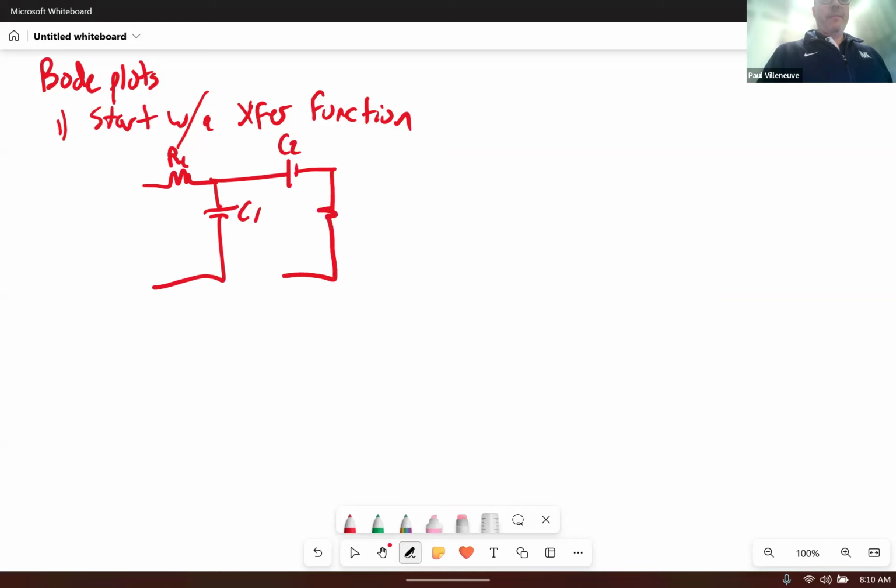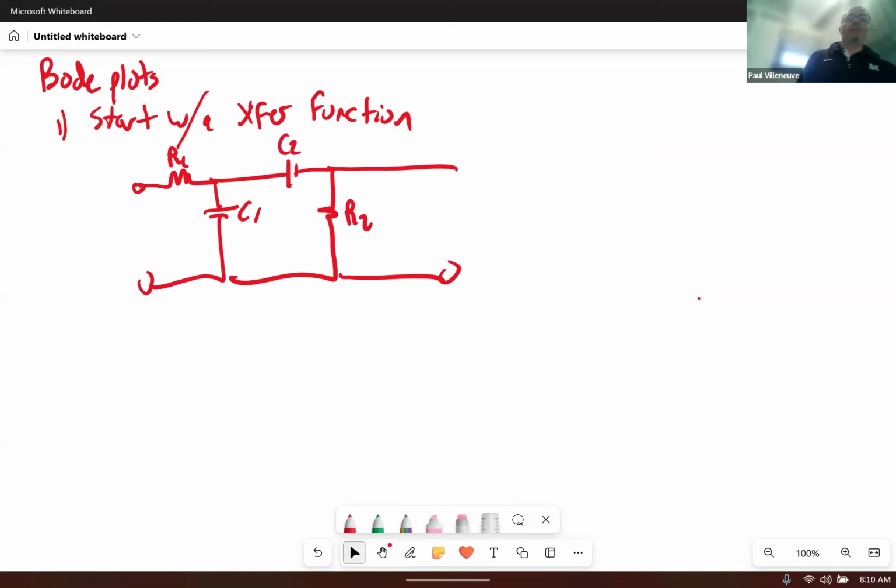I actually was going to show you how to do a bandpass filter, but to solve for the transfer function on this, it gets to be a lot of algebra, and it took me 10 minutes to come up with a transfer function, which in class, I don't think you guys want to spend 10 minutes doing algebra trying to come up with.